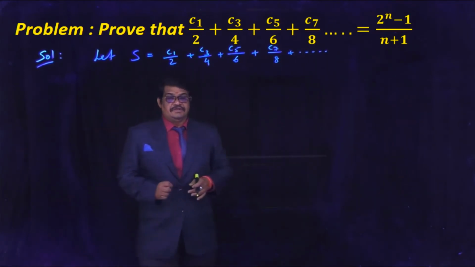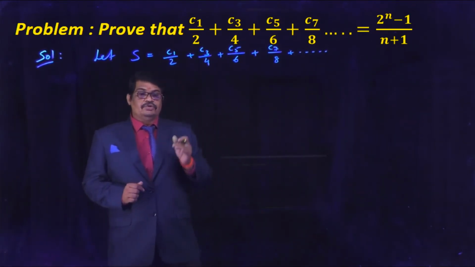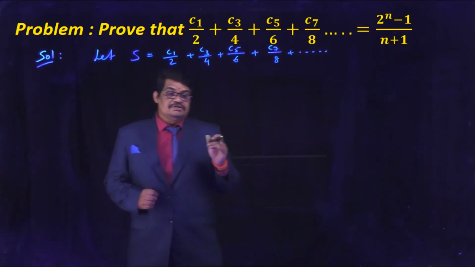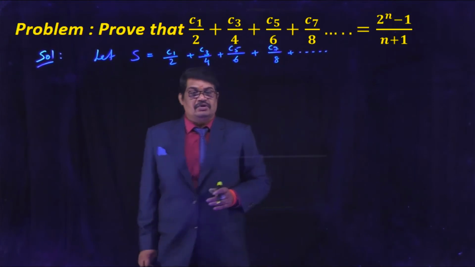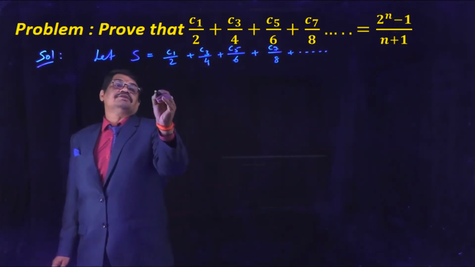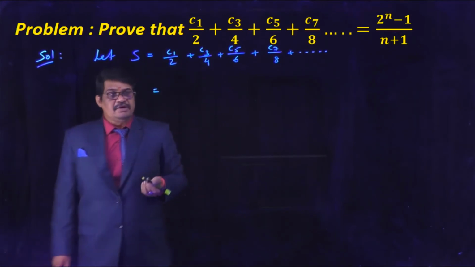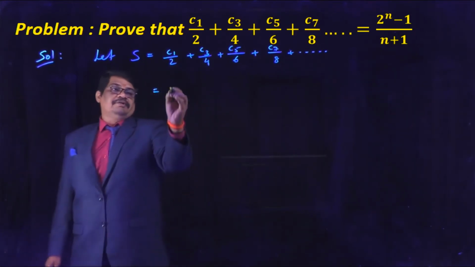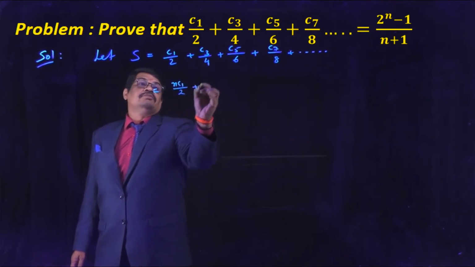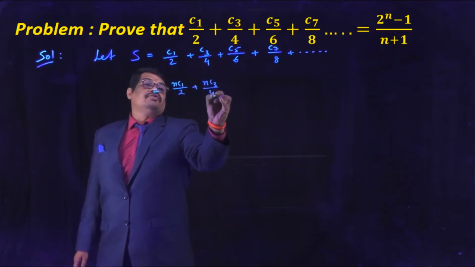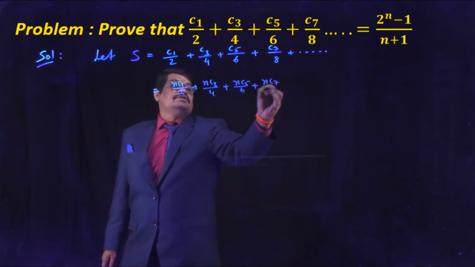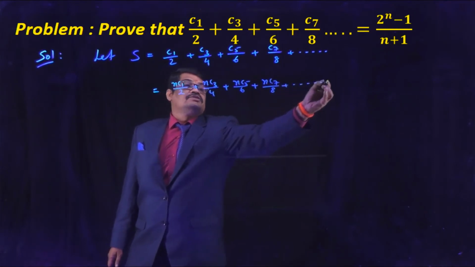Now we have taken that as S. Now we write this. C1 is nothing but nC1. Now we write the notation nC1 by 2 plus nC3 by 4 plus nC5 by 6 plus nC7 by 8 and so on.